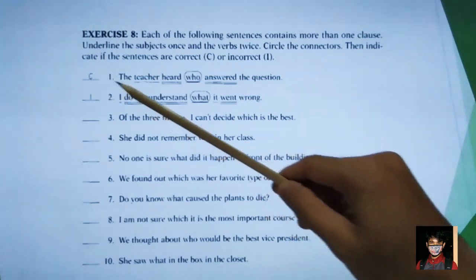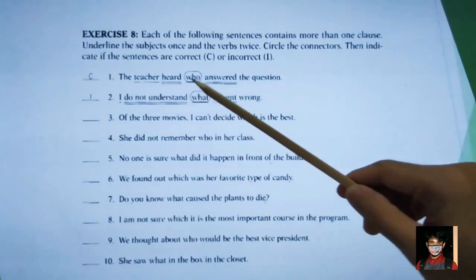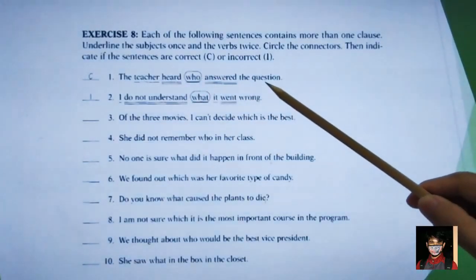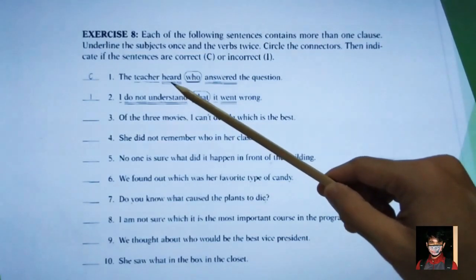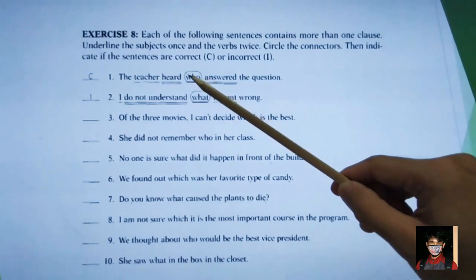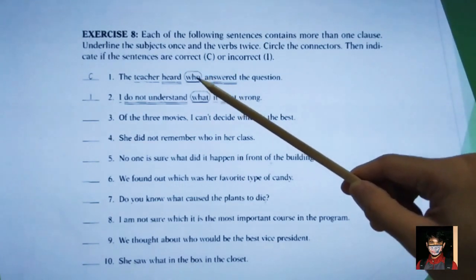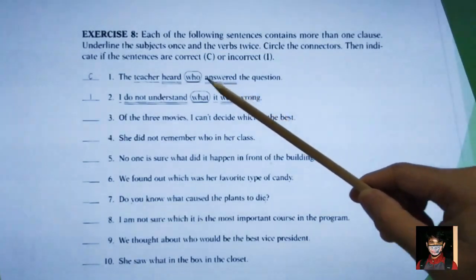It is correct. The teacher heard who answered the question. The teacher as a subject, heard as a verb, and who is identified as the connector, followed with the dependent verb.